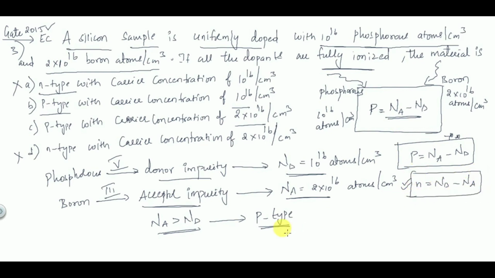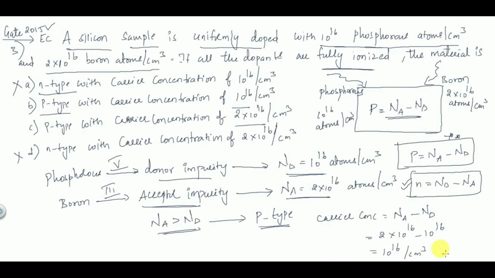Now it is P type and the carrier concentration is equal to Na minus Nd, so it is 2 into 10 to the power of 16 minus 10 to the power of 16, which equals 10 to the power of 16 atoms per cubic centimeter.